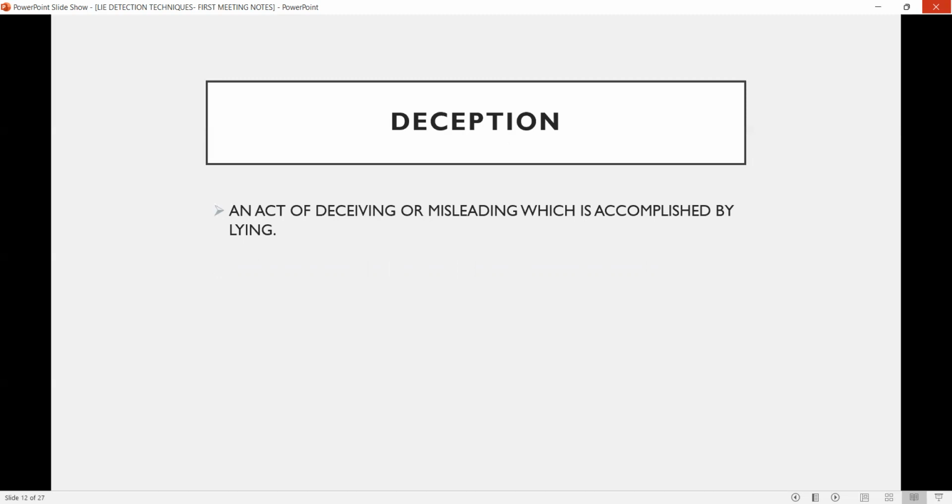It usually refers to causing someone to believe something false as truth. Again, it's causing someone to believe something false as truth. Okay? So what's the difference between lying and deception?